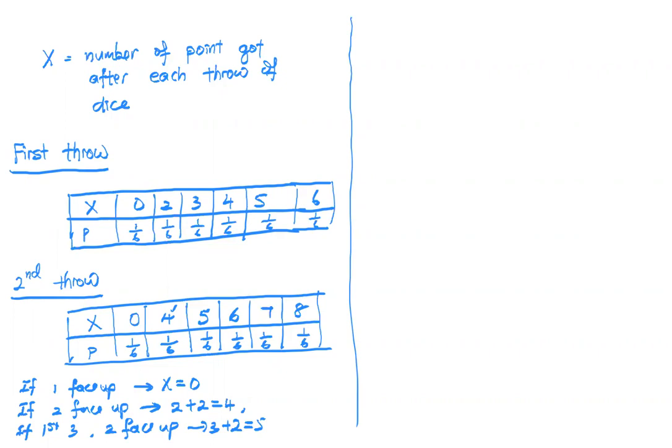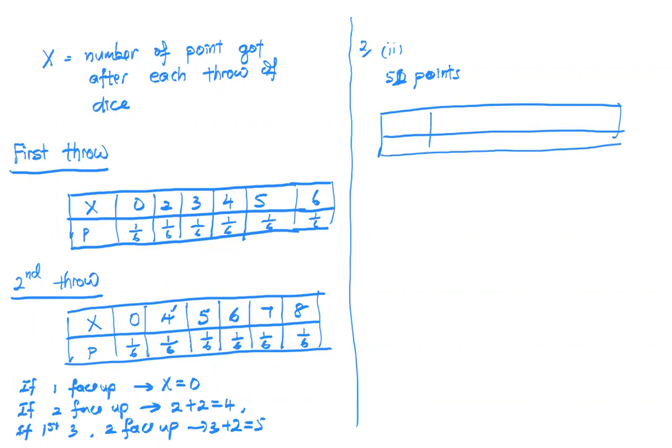For the second part, you got 50 points. They say you score 50 points and above. So you write down 51 points. Now for the next round when you throw, you build the table. X, probability. If you get 51 points and you throw a 1, you get 0 straight away.